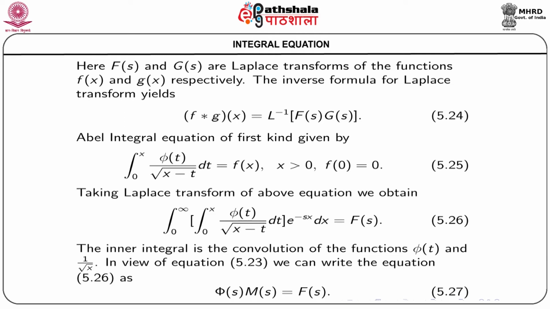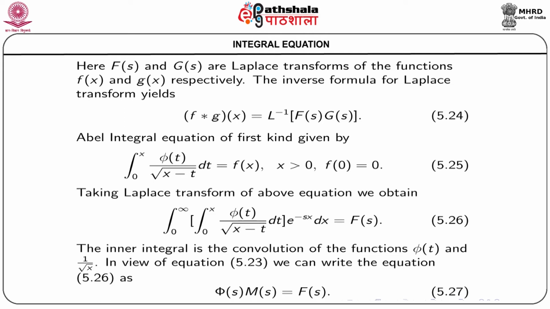We know that Laplace transform of convolution of two functions is the product of transformed functions. So, we can write 5.26 as capital phi s into capital M s equal to capital F s.